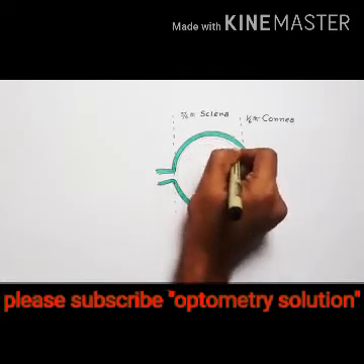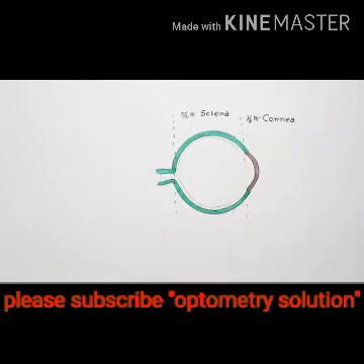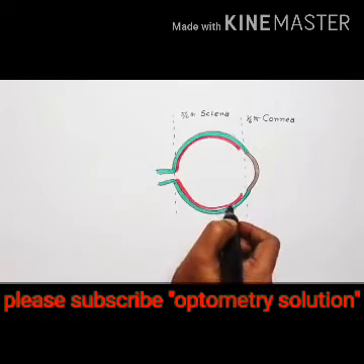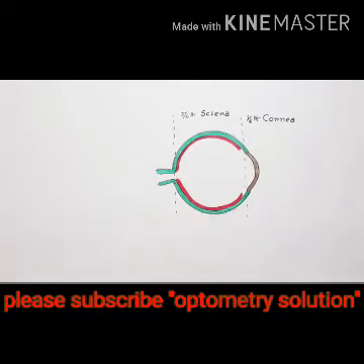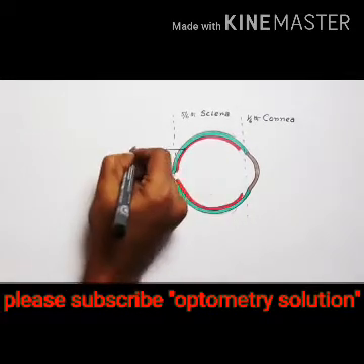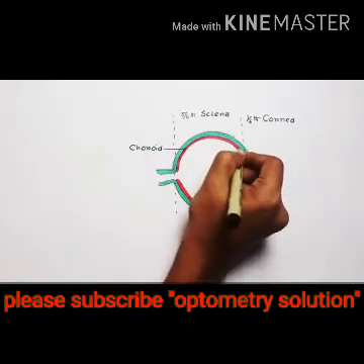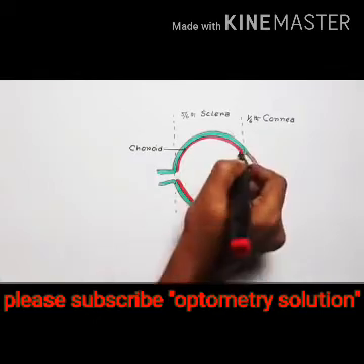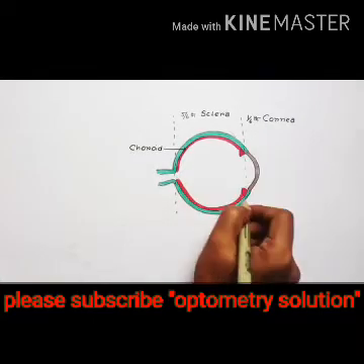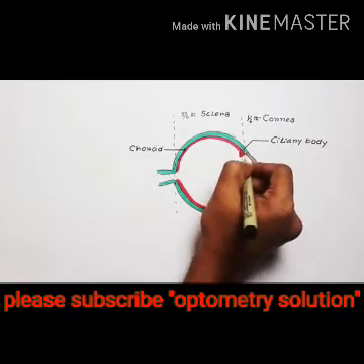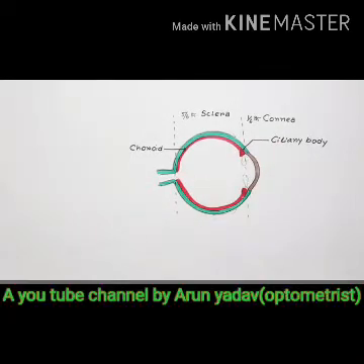Inside the outermost layer, there is a highly vascular layer which brings oxygen and nutrition for the other layers. It is present inside and posterior to the outer part. This is called the choroid. Now the anterior portion of this vascular layer becomes thickened. This thickened part is called the ciliary body.